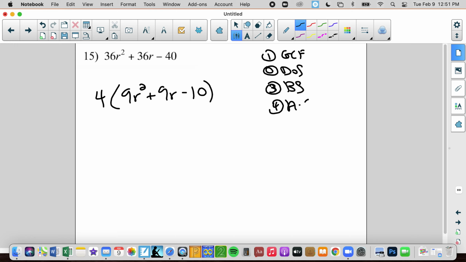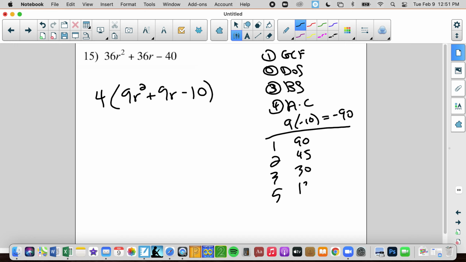A times c. We're back to a times c. 9 times negative 10 is negative 90. 1 and 90. 2 and 45. 3 and 30. 4, no. 5, yes. 5 and 18. 6, yes. 6 goes into 90 15 times.